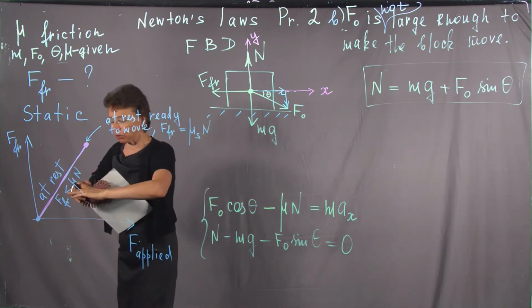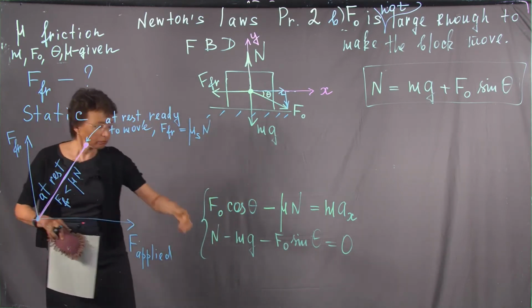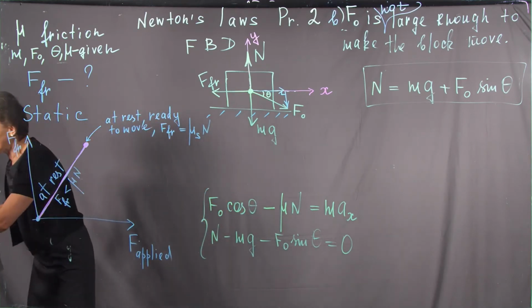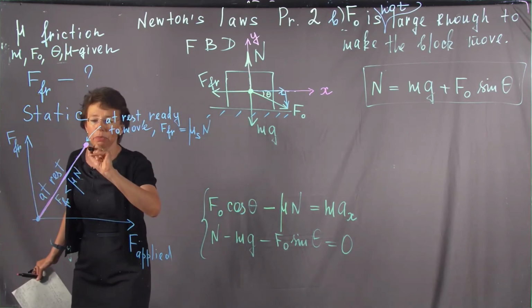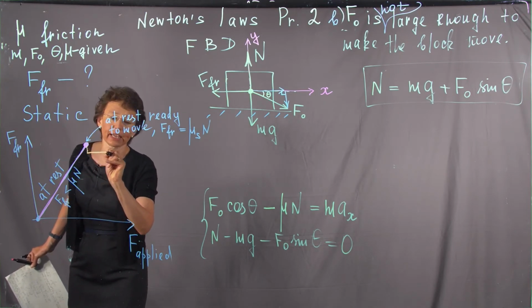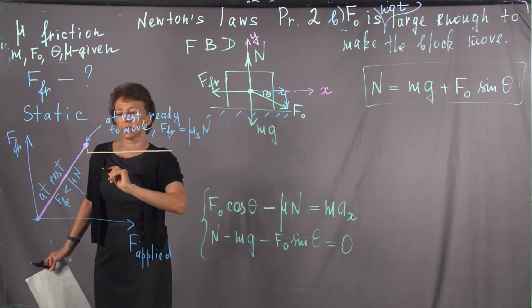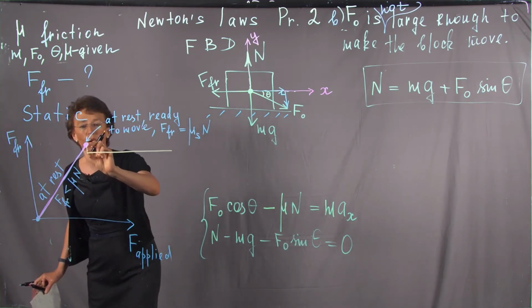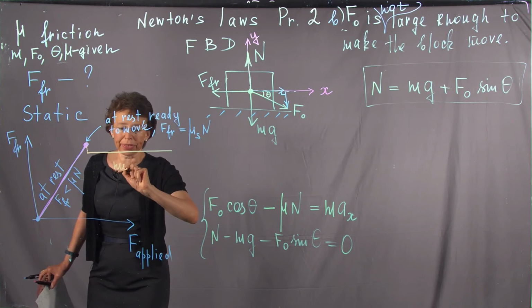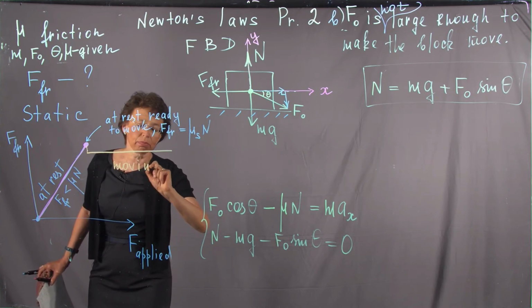And then, as you know, for most objects, as soon as you start moving them, it becomes a little bit easier to move them. The coefficient of kinetic friction is a little bit smaller. That's why there is a jump down, and here the block is moving.